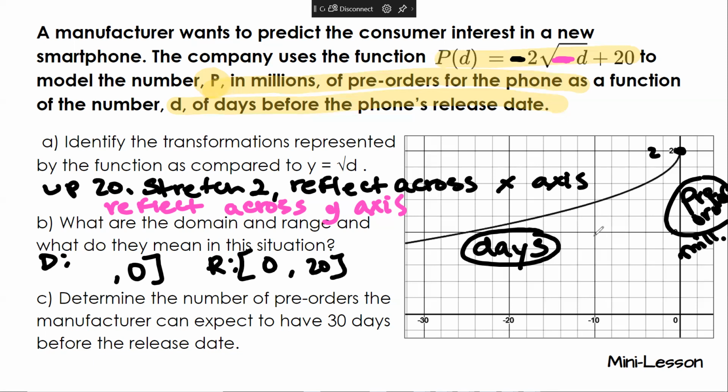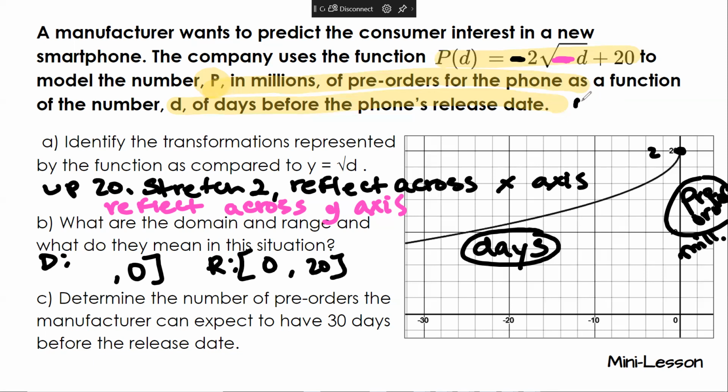Okay, now our job is to figure out what day we started on. So how long this took us to sell that many pre-orders, right? So what we're going to do is we're going to take our equation and we're going to set it equal to 0 and we're going to solve.